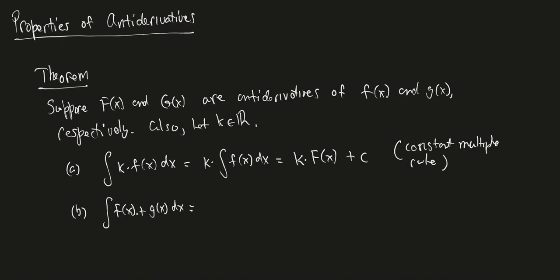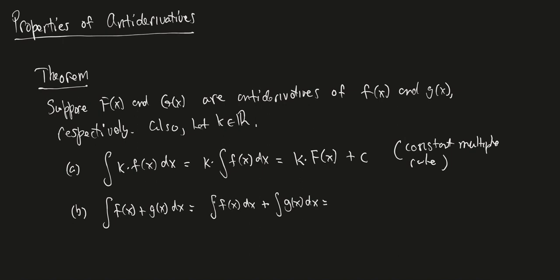Basically, if you have multiple terms in your function, you can find the antiderivative of each term separately. In other words, you can split this single antiderivative into the sum of two antiderivatives. By that I mean find the antiderivative of f of x dx plus the antiderivative of g of x dx.